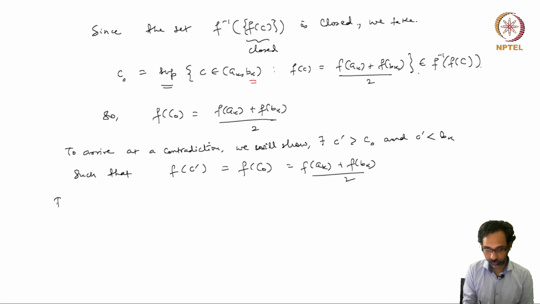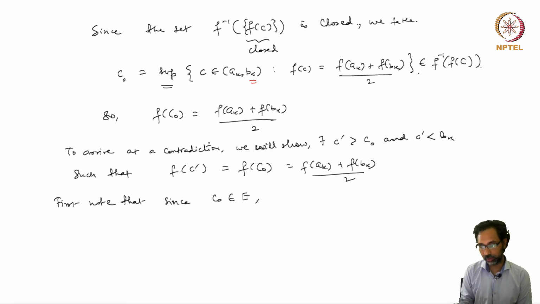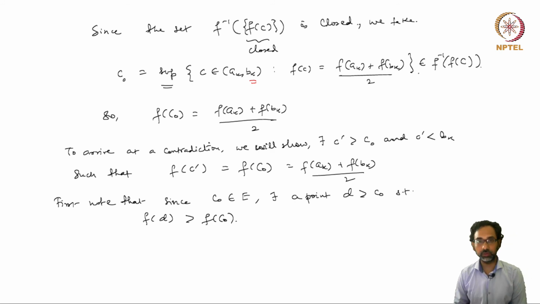So to show this, first note that since c naught belongs to E, there exists a point d greater than c naught, such that f(d) is strictly greater than f(c naught).